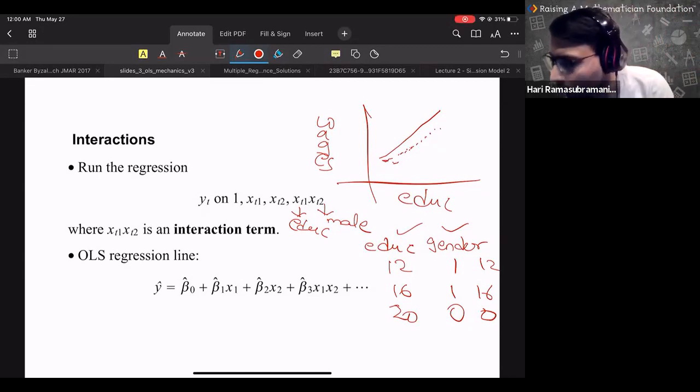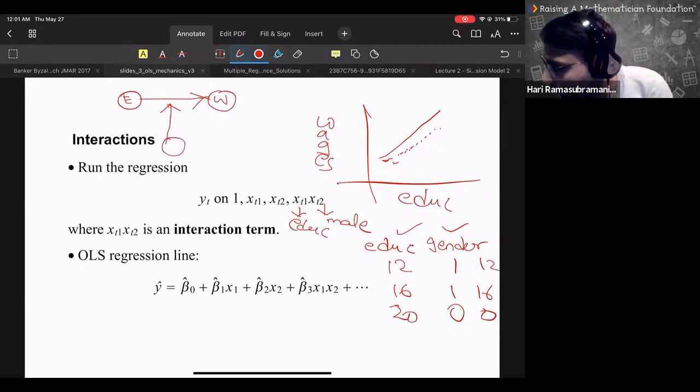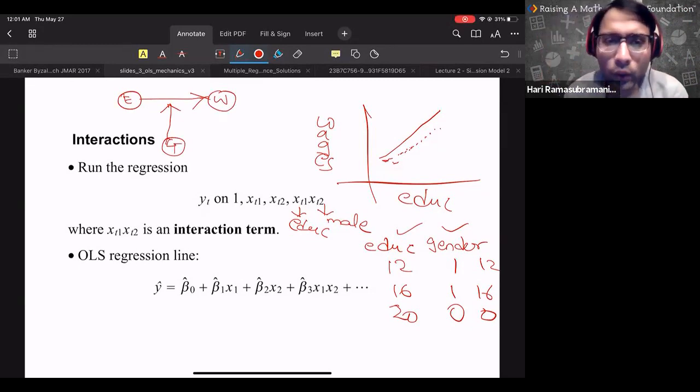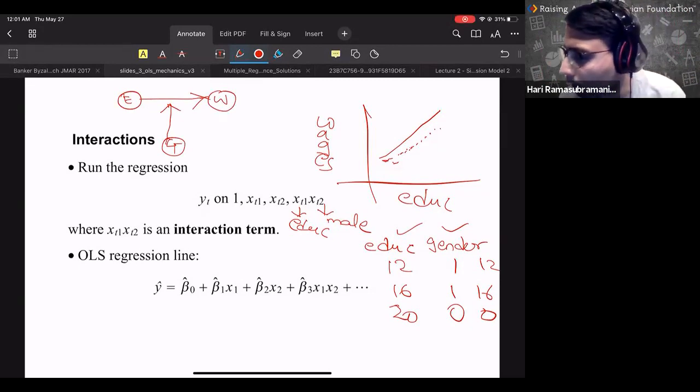So the causal diagram that you are interested in looks something like this. This is education, this is wages, and this relationship is affected by your gender. Note how the arrow is towards the arrow, not towards the variable. You remember the birth weight smoking problem?